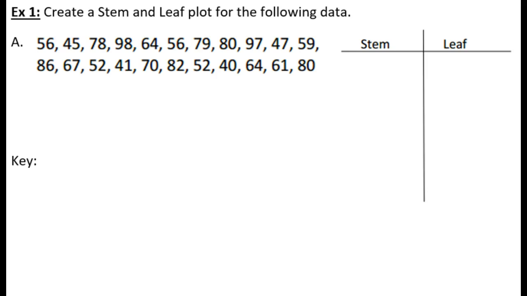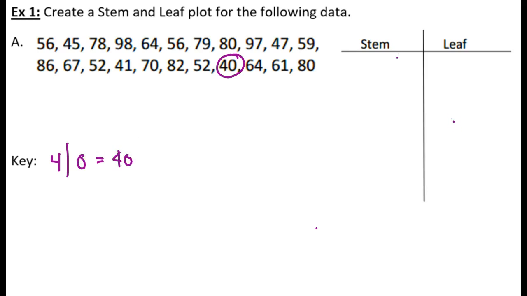So the first thing I want to do is identify the least value. If I look through the set of data, I have a 45, nothing smaller there, 41 is smaller, and then 40. So this is my least data value. For my key, I'm going to say that 4, which is the tens digit, slash 0 represents 40.